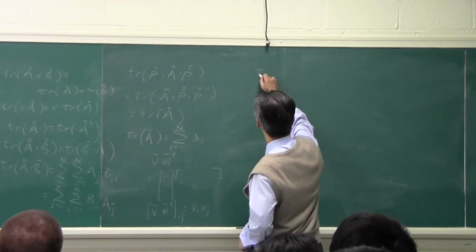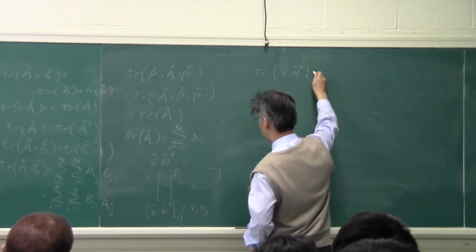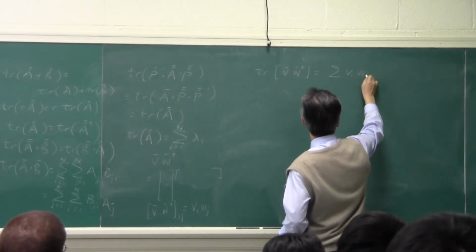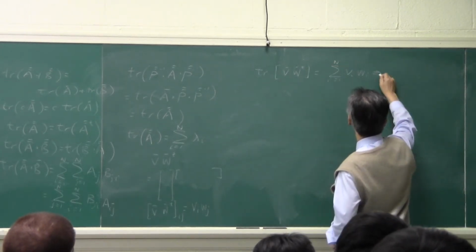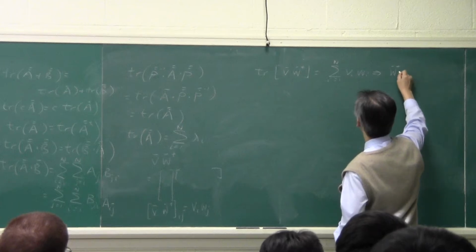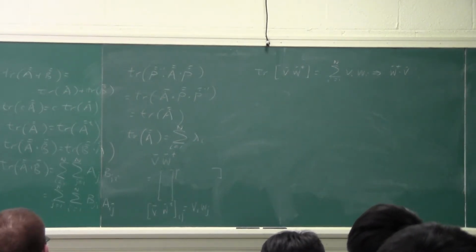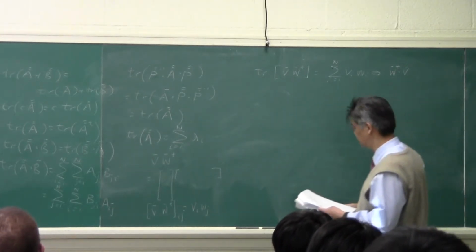So if you take the trace of an outer product, it will be equal to ViWi. And it becomes an inner product. Okay, you can change an outer product into an inner product just by taking its trace. Okay, that is something that we might use.